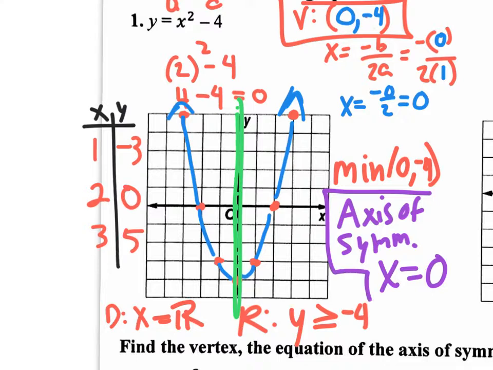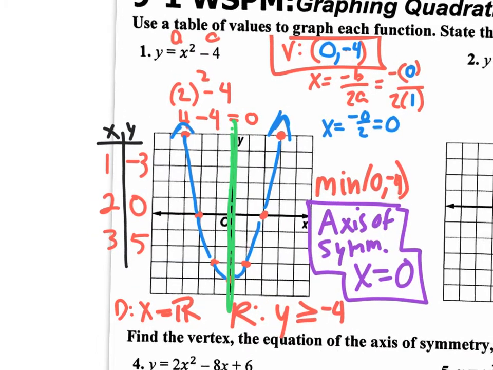Just for your own knowledge, the axis of symmetry will always be x equals the x value of your vertex. And that's everything there is to say about a parabola. They didn't even ask us to do all this, right? They asked us to graph it, to state the vertex, and to state the domain and range. They didn't ask for min, max, or the axis of symmetry equation. I just wrote everything that we could say about an equation.